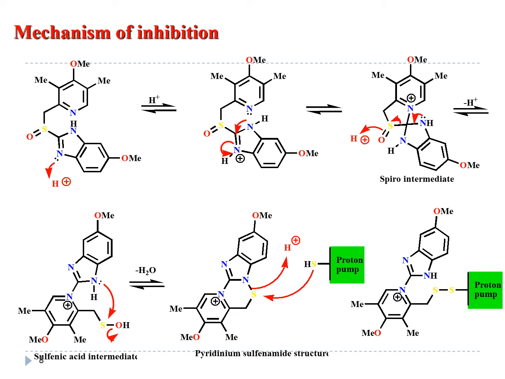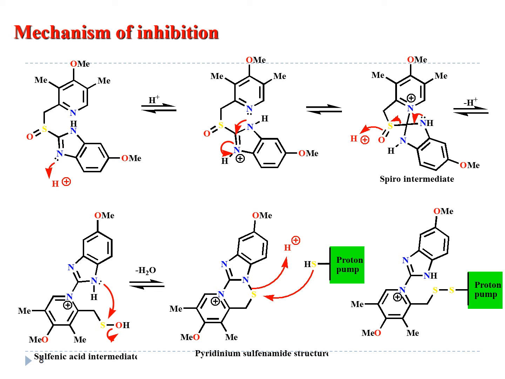This sulfenic acid intermediate has the free SOH group which forms a transient pyridinium sulfonamide structure which forms a covalent bond with the SH of the cysteine residues in the proton pump of the stomach, that is the H plus K plus ATPase pump.